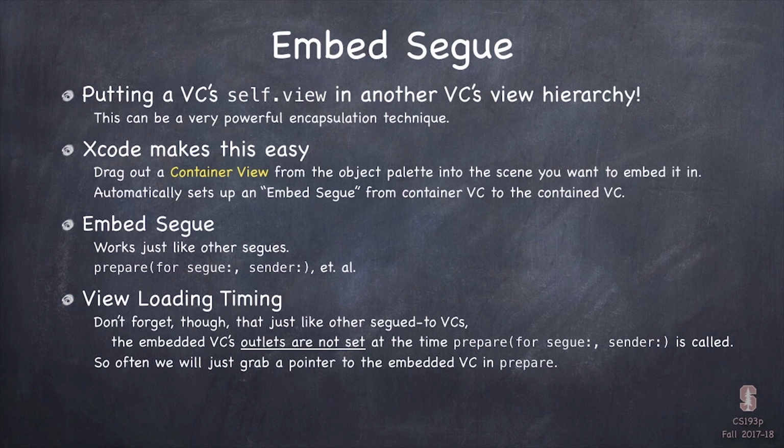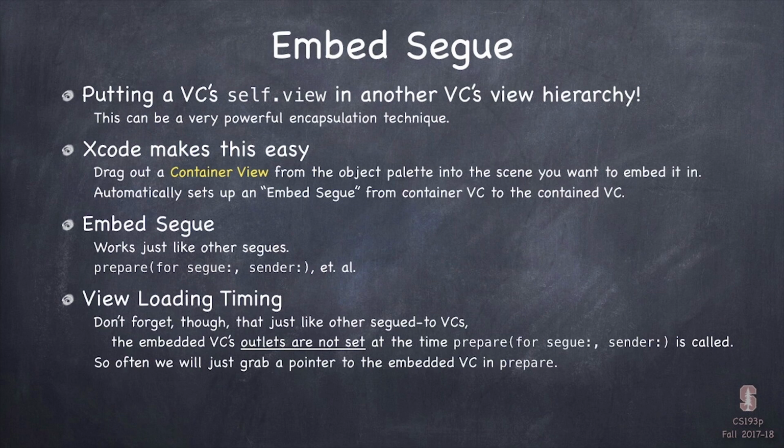So you can't really update it there. So a lot of times when we segue to an embed segue, what we do in the prepare is we grab a hold of the embedded MVC. We grab a hold of that view controller so we can talk to it later, because we might need to update it or set something about its model as time goes on. So we actually usually have a var, and we grab onto it and we talk to it later.